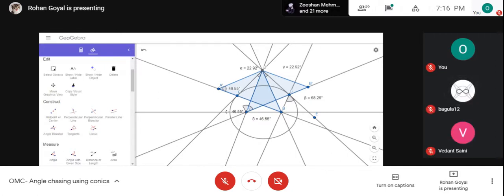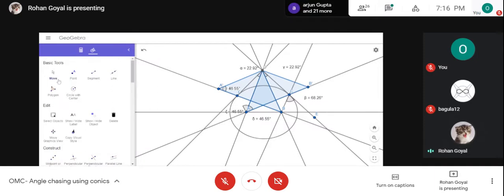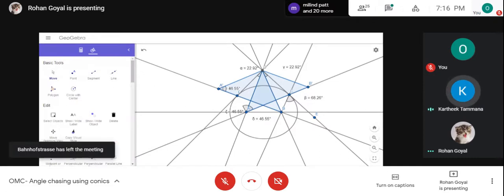Okay. Now, when did we show that the lines are concurrent? We just assume they're concurrent and then we prove the rest of the properties. So the two tangents and their angle bisectors.